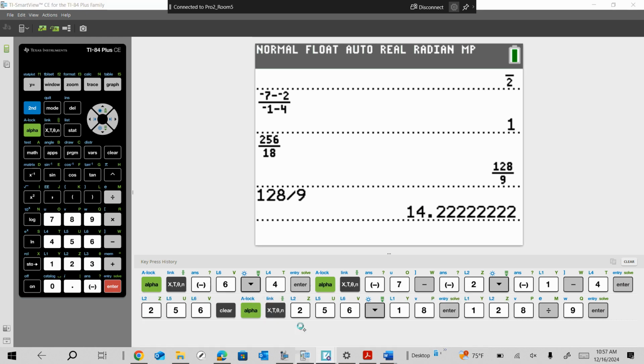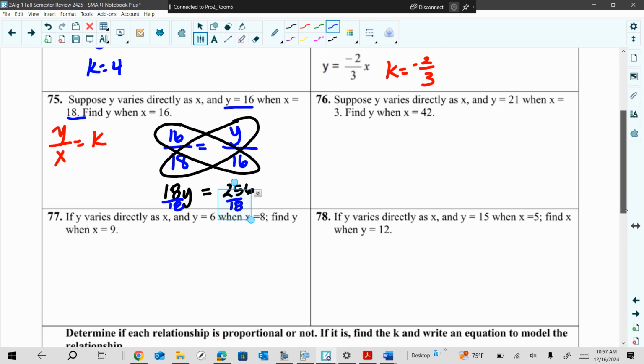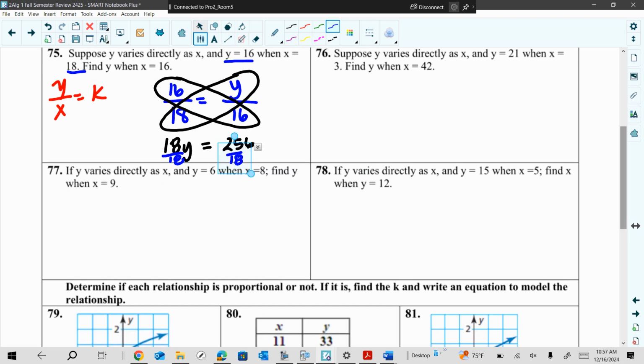Okay, so on 77 here, again, y varies directly with x. y is 6 when x is 8. Starting off with that first statement, that would be 6 over 8. Find y when x is 9, and then you cross multiply.